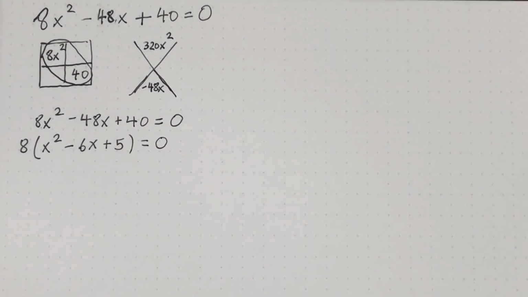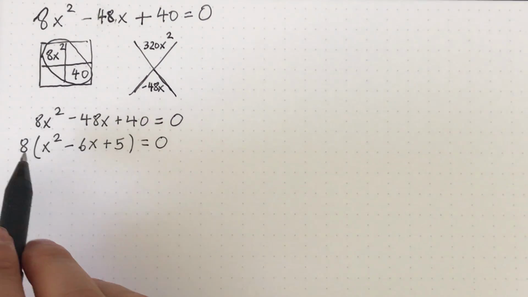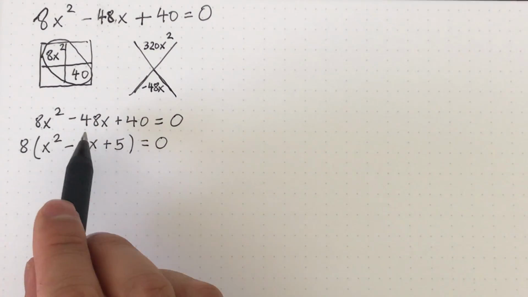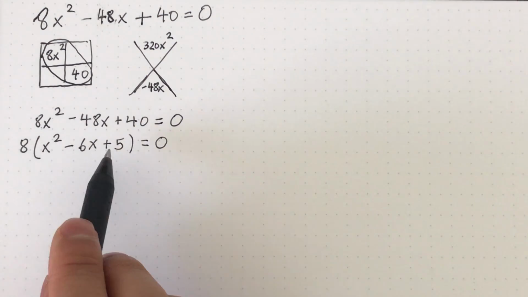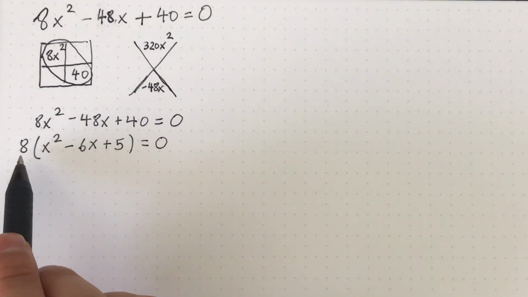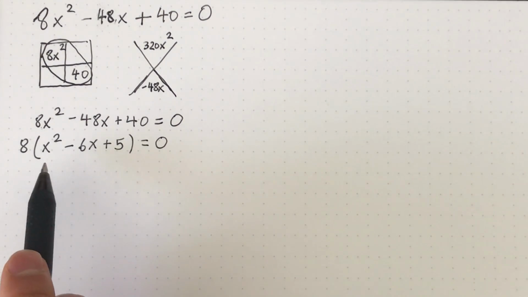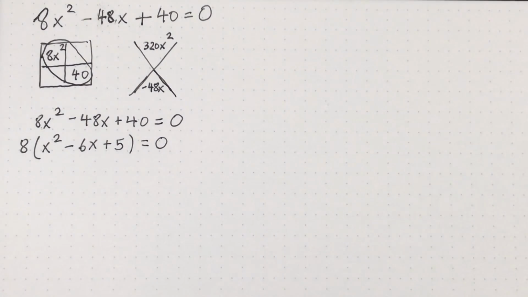And why can I do that? Well, 8 times 1 is 8x squared, 8 times negative 6x is negative 48x, and 8 times 5 is 40. So it turns out we can factor out the 8 so that we have smaller numbers. And x squared minus 6x plus 5 is a lot more doable to factor.